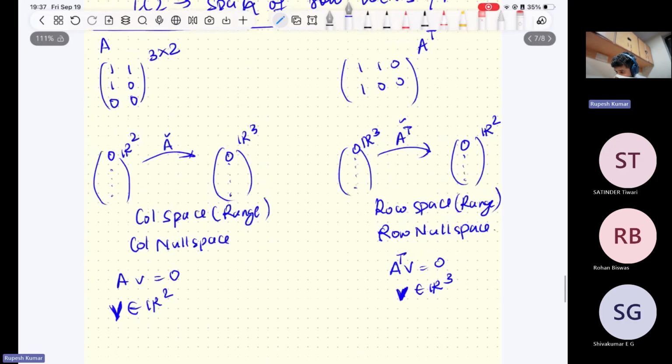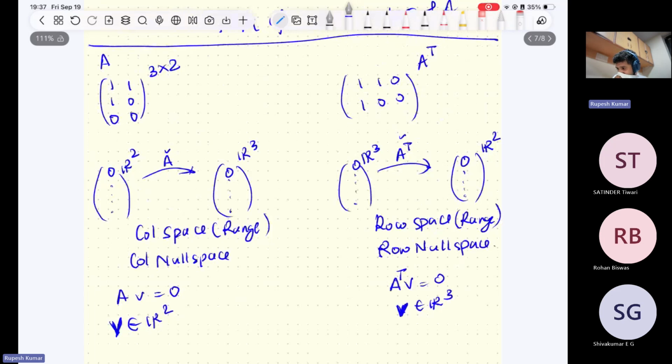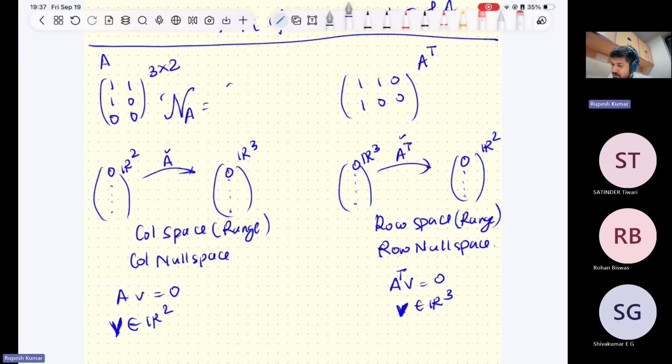So let's try to figure out V here. For this, A is essentially [[1,0],[0,0],[0,0]]... no, it should be R2, no? It's 3 by 2, sorry.